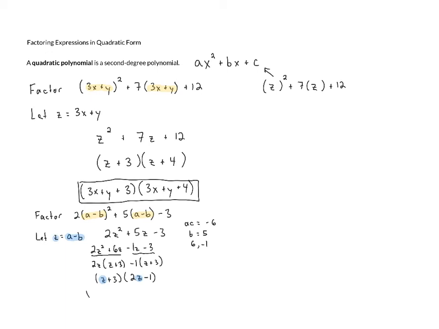So this first one is going to be a minus b plus 3. And then the second one we have to be careful, because it's not just z but 2z. If z is a minus b, then 2z is going to be 2a minus 2b. And then minus 1. And this is our final answer.